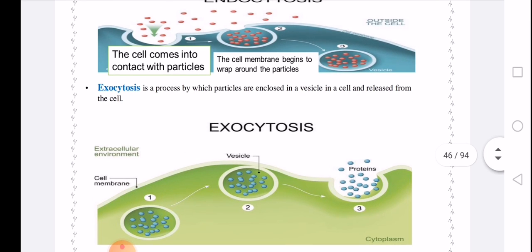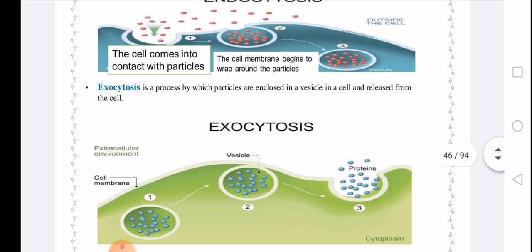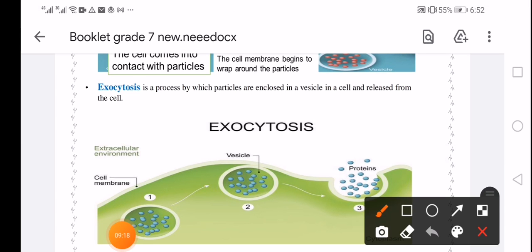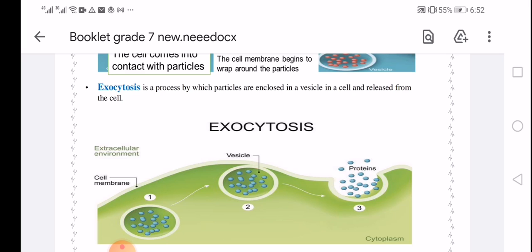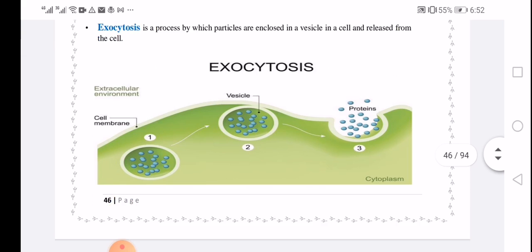With exocytosis, when a cell gets rid of substances like waste or protein, it wraps around the particles and forms a vesicle. Then the vesicle opens and releases the particles. Exocytosis is a process by which particles are enclosed in a vesicle in a cell and released from the cell.